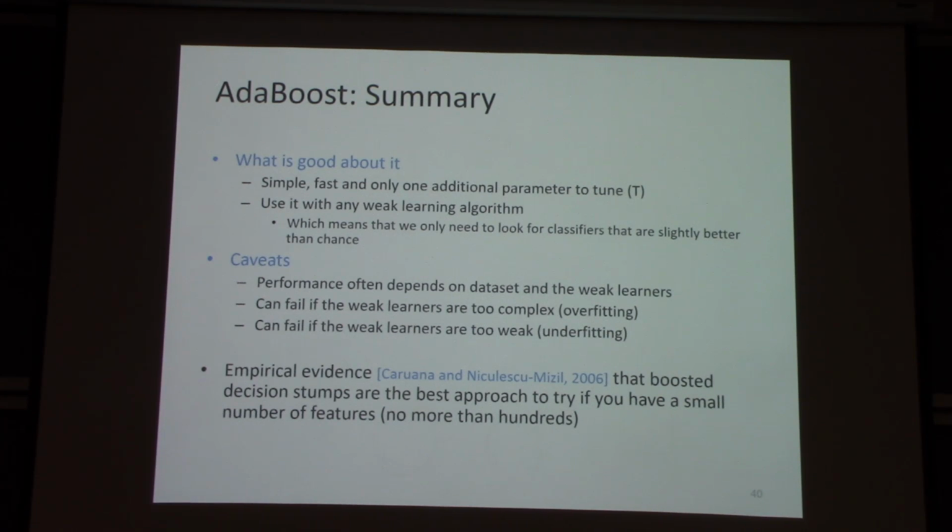They found that if you have a smallish number of features, then boosted decision stumps are an excellent thing to try, because they end up being among the best general purpose classifiers.